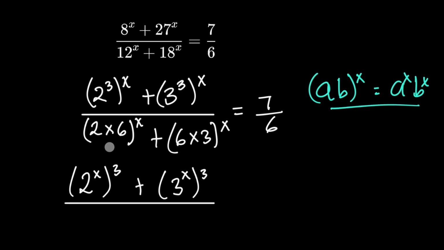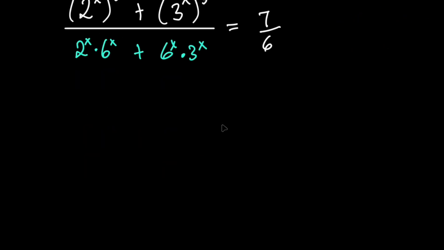So here we can have 2 to the power x times 6 to the power x. Then next we have plus, and we're also distributing this right here: 6 to the power x times 3 to the power x. And this is equal to, for the right hand side, there's no problem with that. We're going to be keeping the fraction like that.